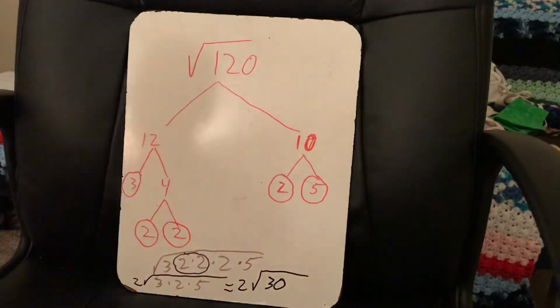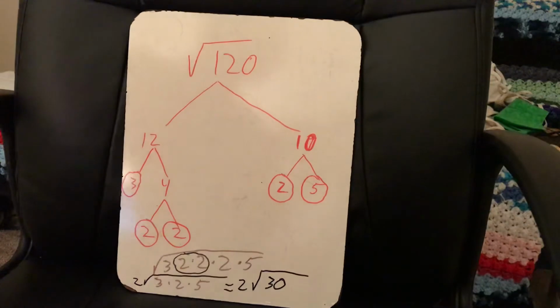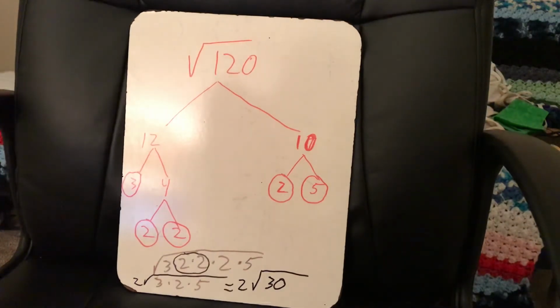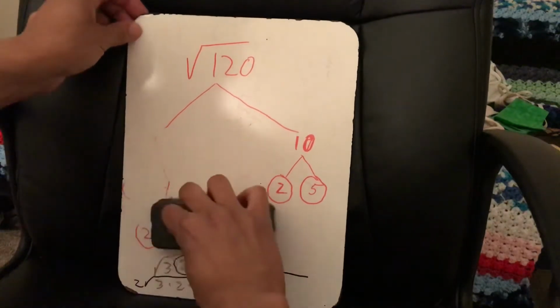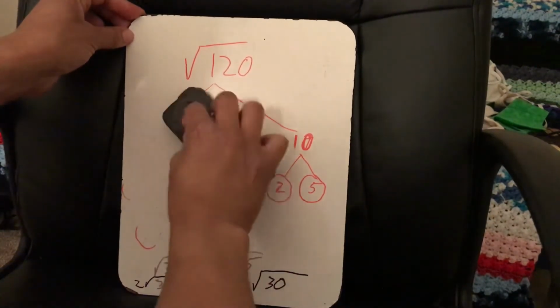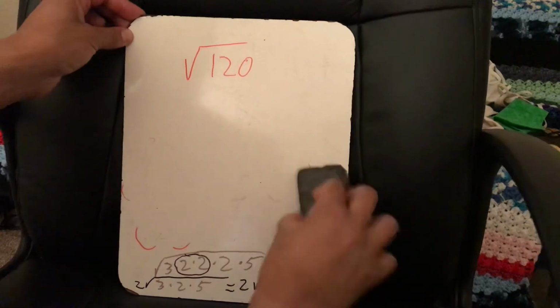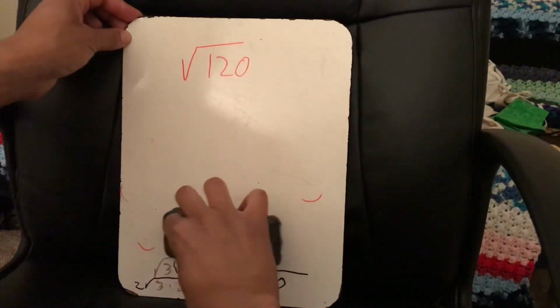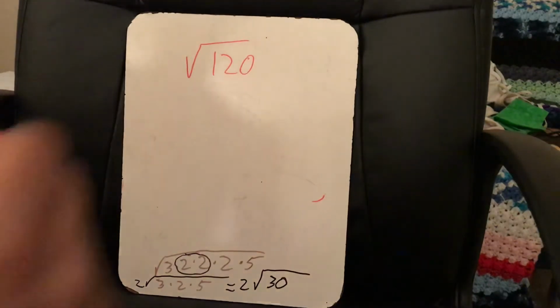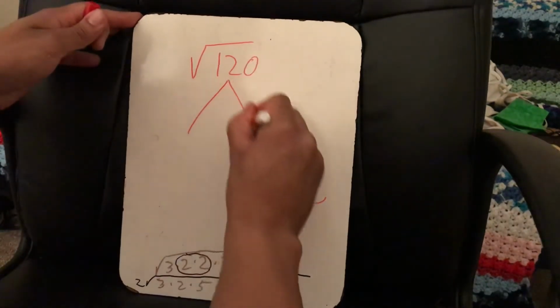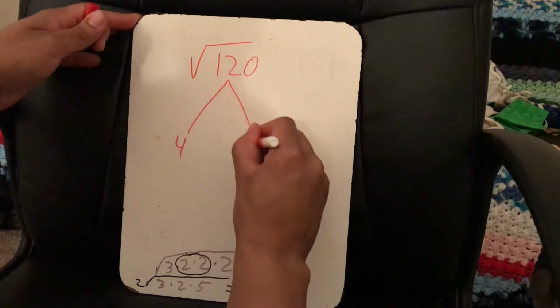All right. Say I picked two different factors instead of 12 and 10. Let's say I wanted to use smaller factors. Let's say I wanted to use 4 as one of my factors, so 4 times 30.